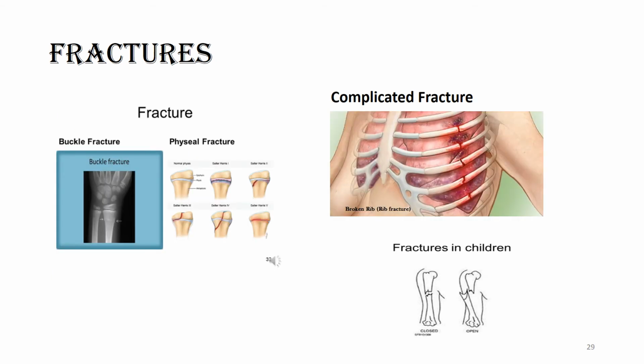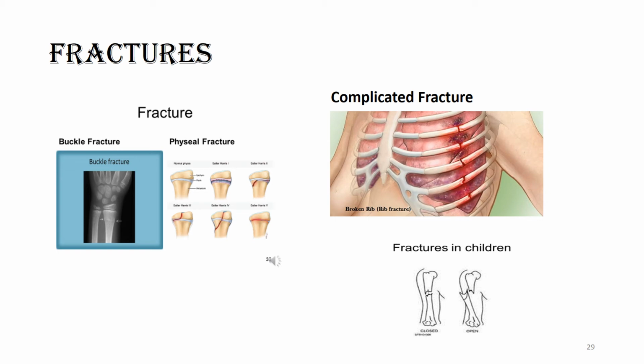So a buckle fracture, interesting enough, usually occurs when the child's trying to stop his fall and he puts down his hands, and unfortunately it jams the bone into the wrist and it fractures. There's some epiphyseal fractures that show you right by the head of the bone.